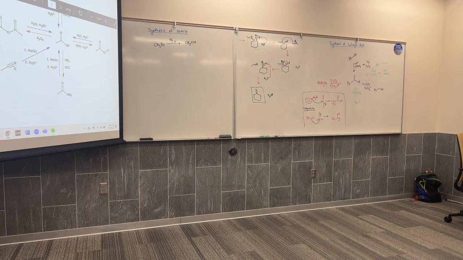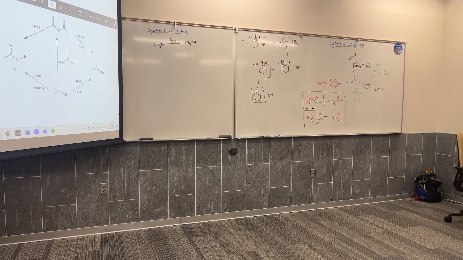Now the other graphic that I have shows the relationship between all of the various derivatives. The acid chloride can be converted into an anhydride, or into an ester, or into an amide. The acid anhydride can be converted into an ester or an amide, but not to an acid chloride. And there is a connection where the ester can be converted to an amide, but not in reverse.